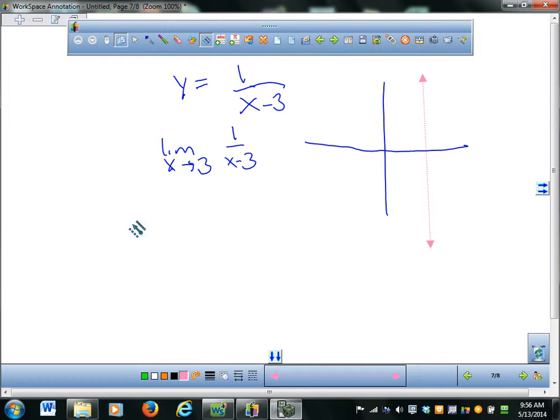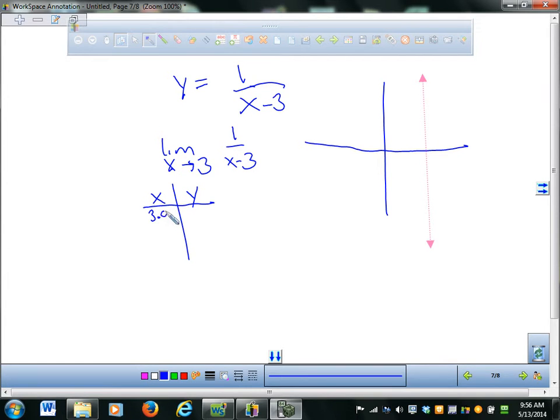Okay? So if I go very close to 3, so if I were to make a little table of values, asymptote, remember asymptotes? Yeah. So if I have x, y, and I plug in a number very close to 3 on the right side, like 3.01, I get 1 divided by 0.01. What's that? 100.